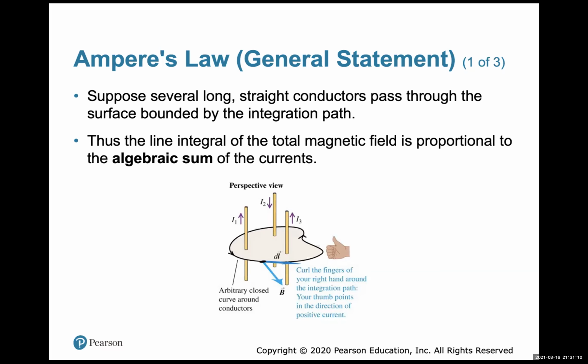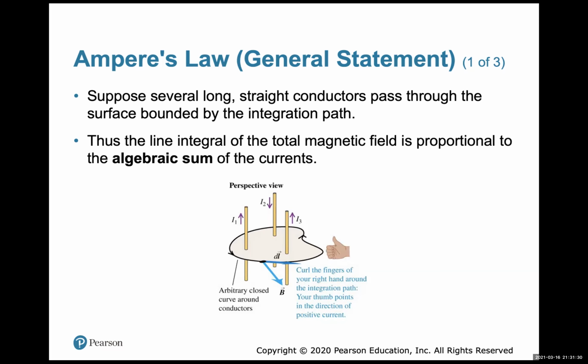Same story here. The net path integral, I'm going to call the closed integral of B dot dl, I'm going to borrow from the 6 Ideas textbook and call that the circulation.